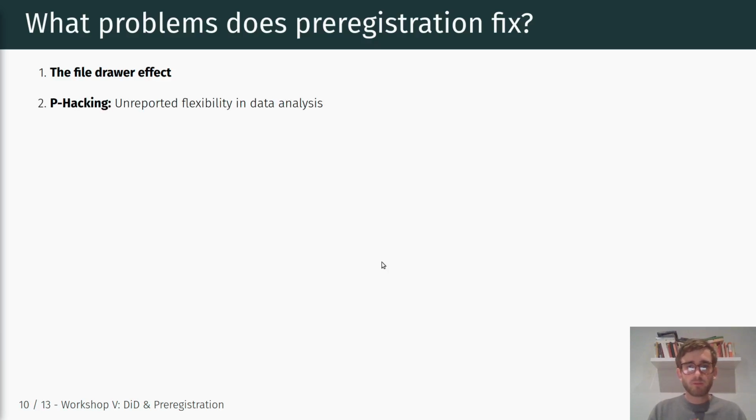The second problem that I mentioned in the beginning of the video is p-hacking. And what we mean by p-hacking is ultimately mining your data in order to see patterns in this data that are statistically significant without first specifying a hypothesis, right?